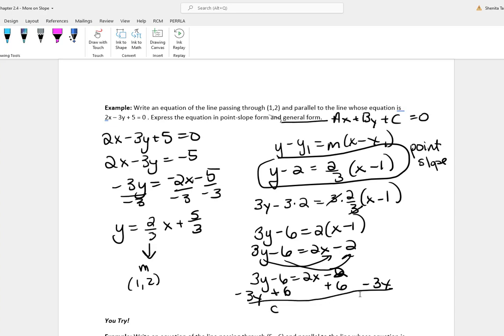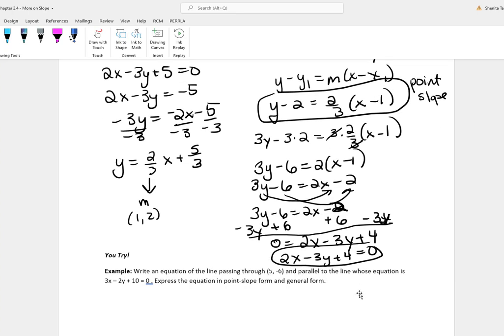So I end up with 0 on this side, and I get, this is a y, sorry. You end up with 2x minus 3y plus 4. This is a negative 2 minus 6. That's how I got the 4. So I'm writing it in general form. So the general form, I'm just going to switch everything around. This is the general form.